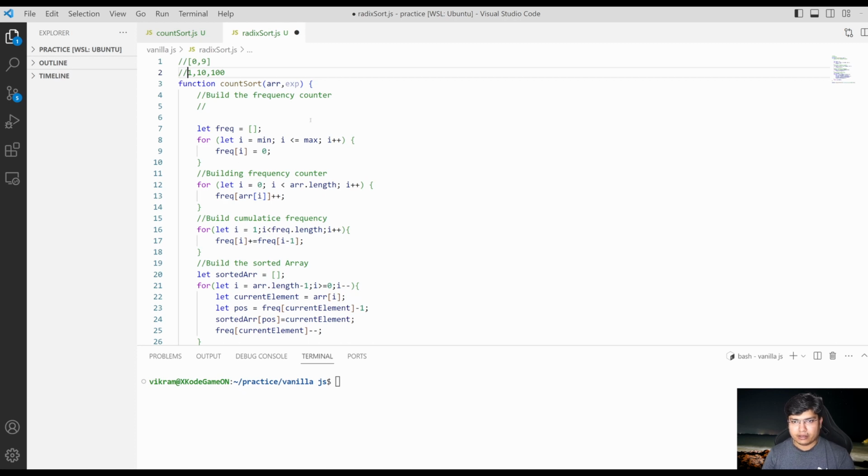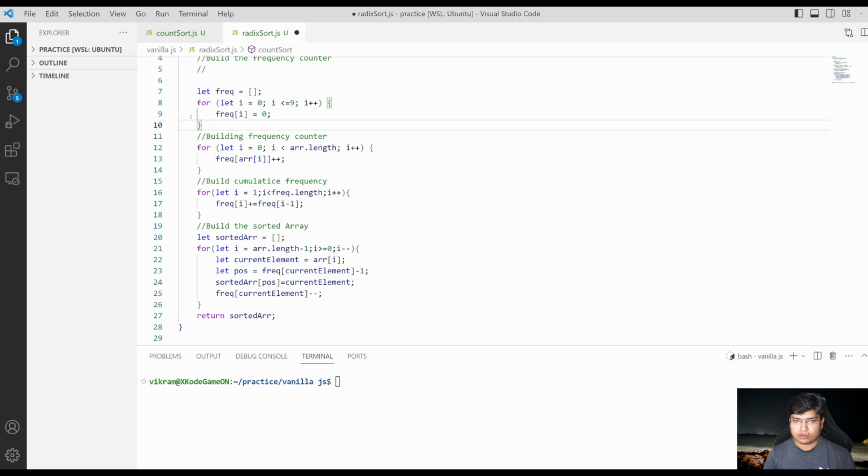Okay, and since I don't need this min max, I already know that the range will always be 0 to 9. So I can always have my frequency array initialized for only 10 numbers, 0 to 9.